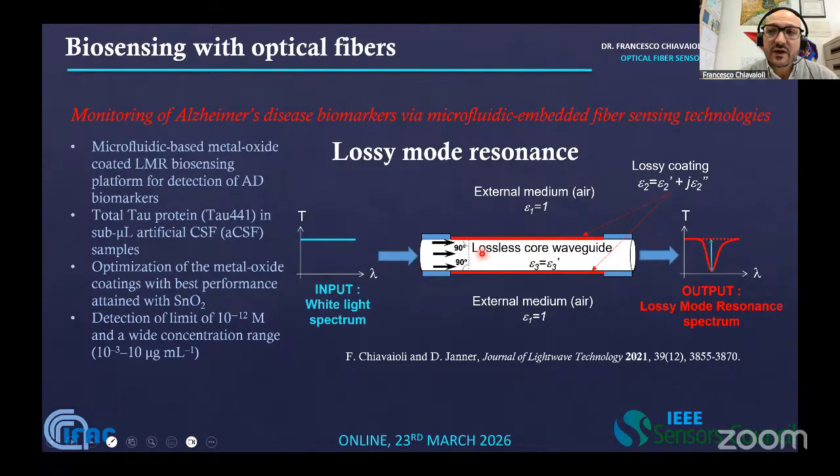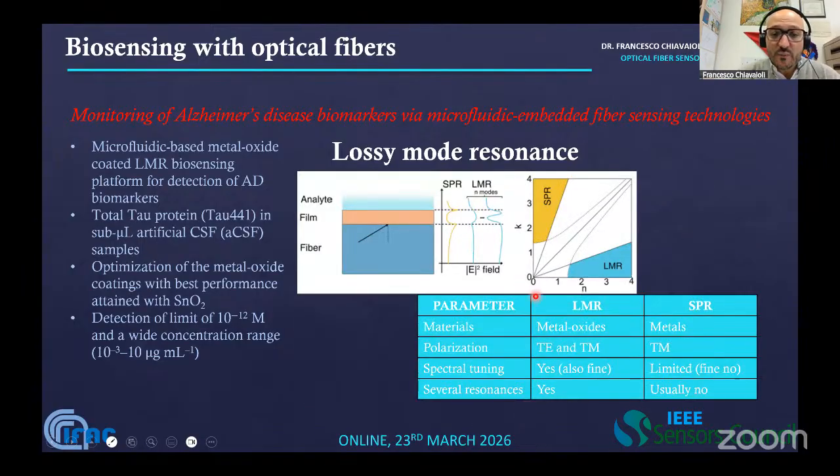When we deposit a dielectric material with specific optical features in terms of the real and imaginary parts of its permittivity, it guides light within this lossy coating, and this guided light can be the sensitive element to the surrounding environment. Clearly, this light guided within the structure is lost with respect to the core, and in the end we have this resonance. This is called lossy mode resonance.